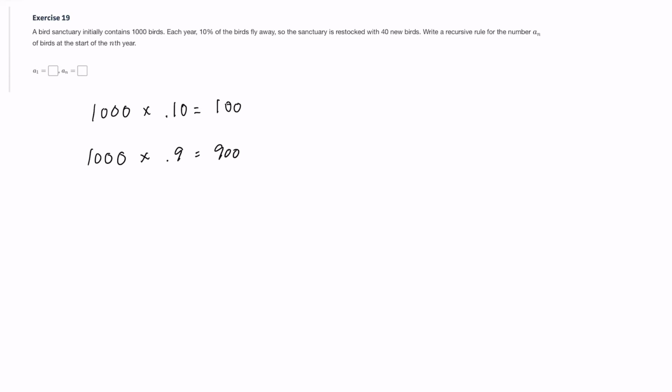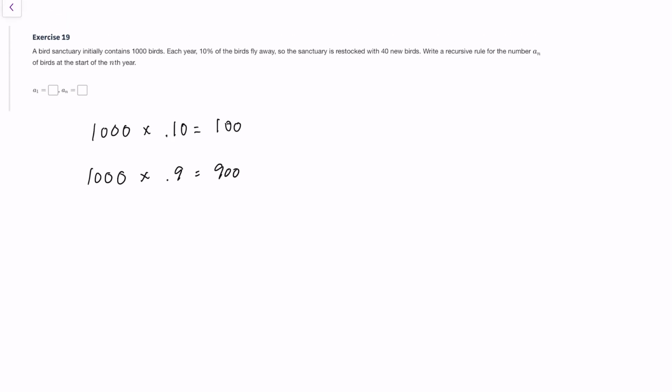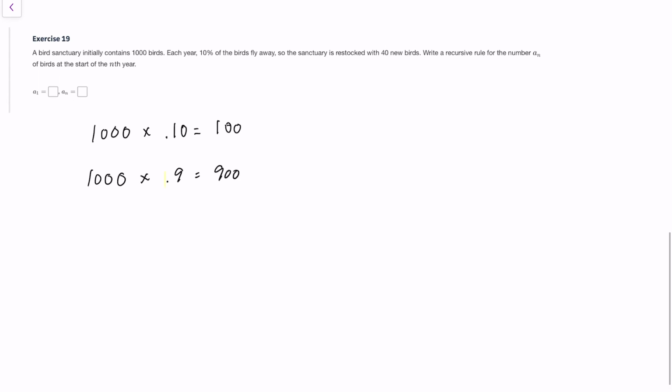Right after the first year, 10% of the birds fly away, which means we have 900 birds left over. So it's important to note that in order to get this problem correct, we have to have the correct rate, and this is having 0.9, not the 0.10.